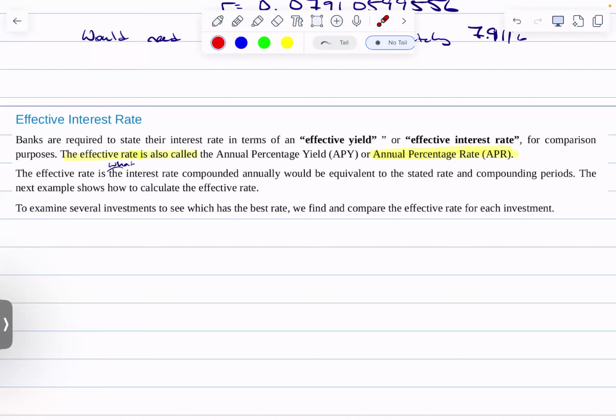I know what they're trying to say, but I don't know how to clarify it. Let's try. So the effective rate is going to be the annually compounded rate that's equivalent to the stated rate with the compounding periods. Right. I'll erase this because I feel like it didn't really clarify it.